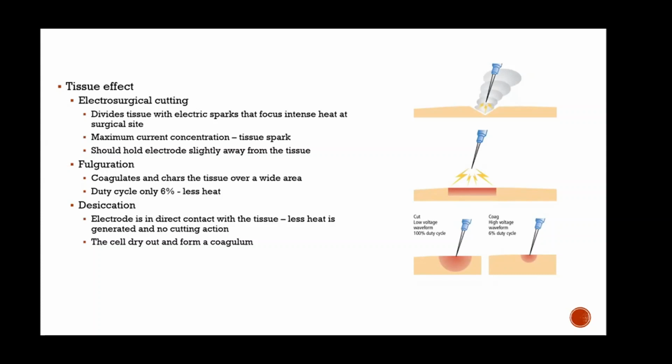For fulguration, we use a low duty cycle, which is 6%. It produces heat over a wide area, and the purpose is more for coagulation. For desiccation, the electrode is in direct contact with the tissue, so it produces less heat and no sparking. You must touch the tissue, and the purpose is more for coagulation.